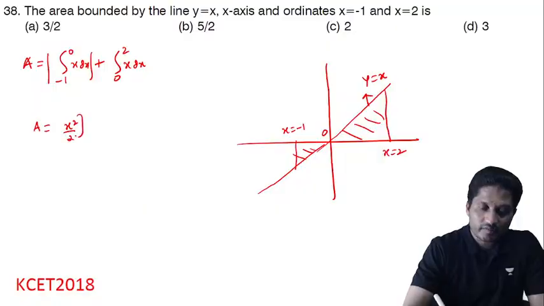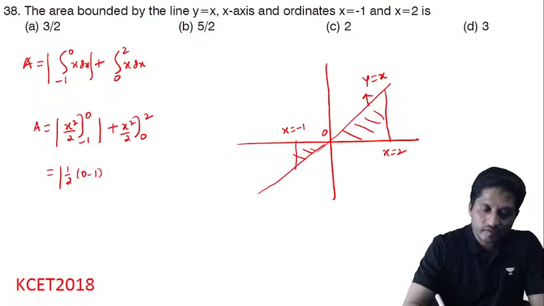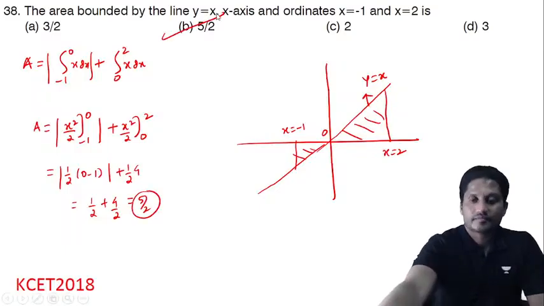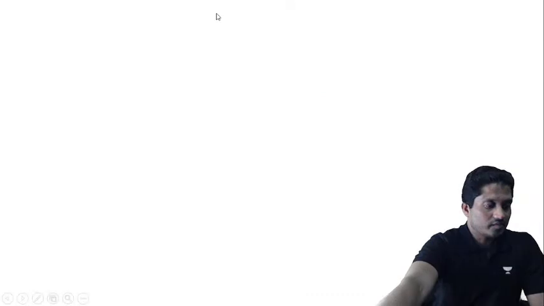Integration of x is x square by 2, from minus 1 to 0, plus x square by 2 from 0 to 2. Half of 0 minus 1 square is 1. Half of 2 square is 4, lower limit is 0. Mod of minus is plus, neglect that negative sign, so 1 by 2 plus 4 by 2 is equal to 5 by 2 square units. This is option B. Right, let's move to the next question.